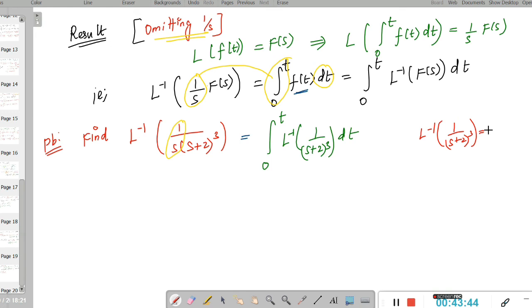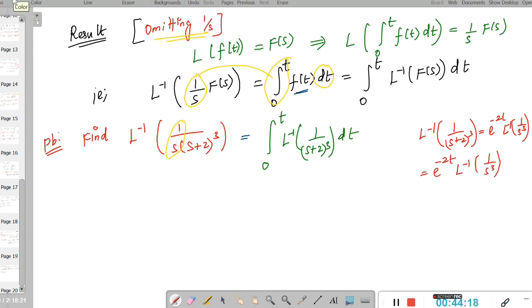Instead of s plus 2, by using the first shifting theorem, in L inverse, you can use e power minus 2t, and in the bracket that term is reduced to s power 3. So e power minus 2t L inverse of 1 by s power 3.